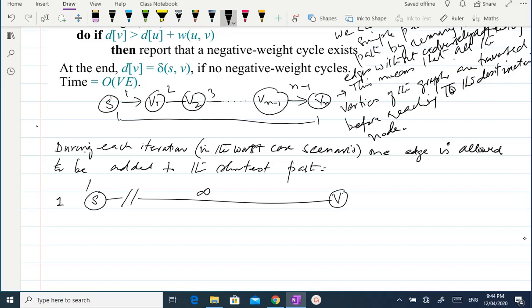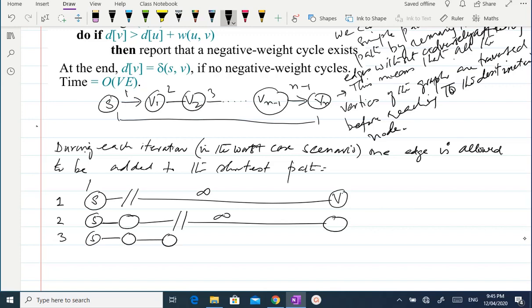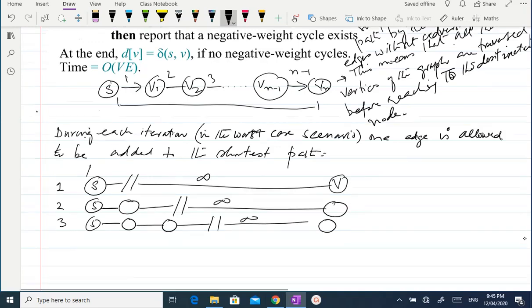This is our first iteration. In the second iteration, we will allow at least, again in the worst case scenario, one edge to be relaxed. So let's say this is connected with some node, and after that again we do not have any path, and this is now the third. Again we will add a new node, and after that there is no path, and so on and so forth.